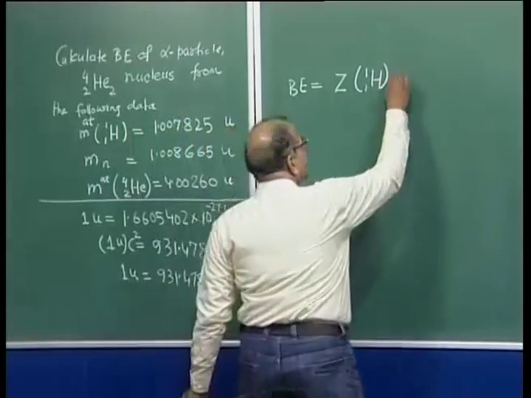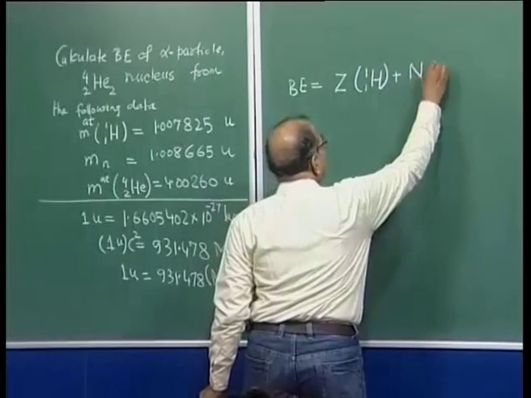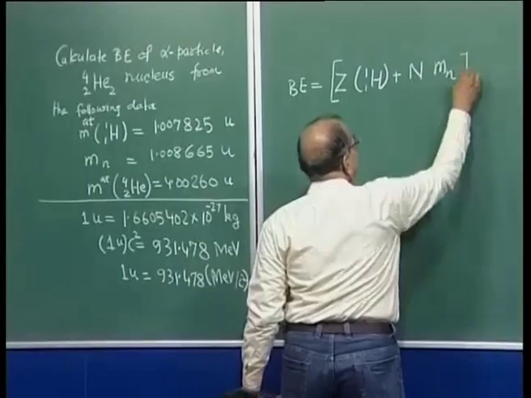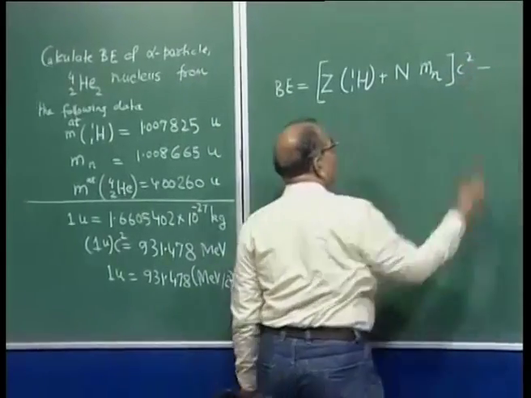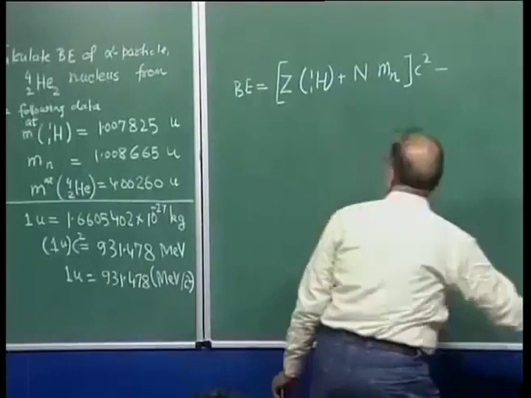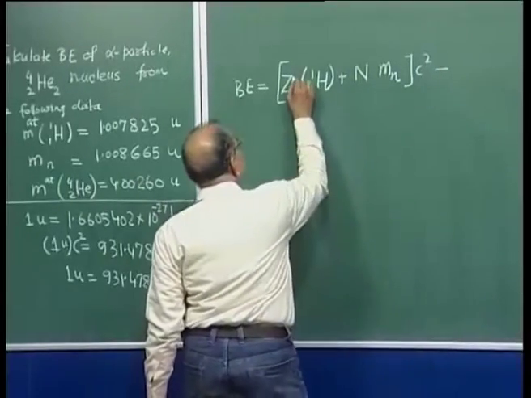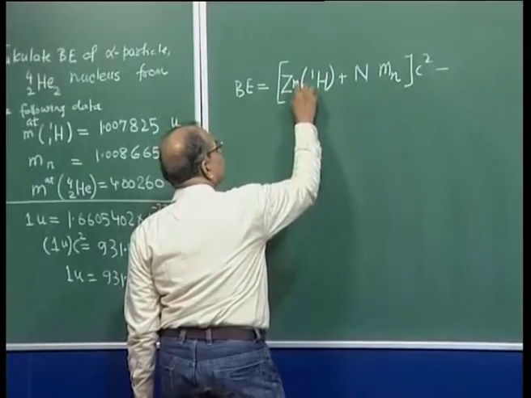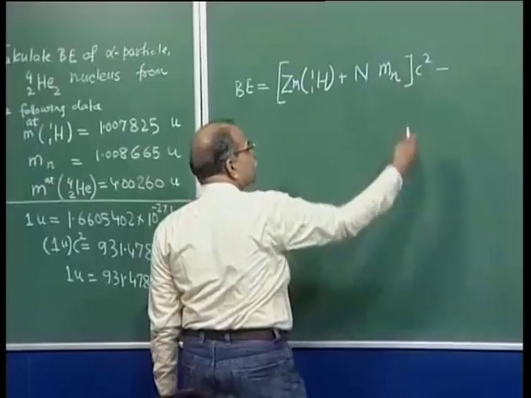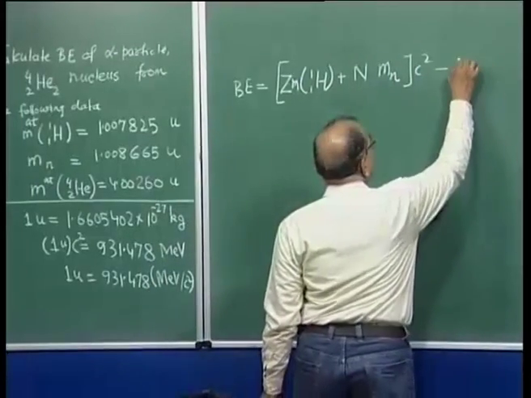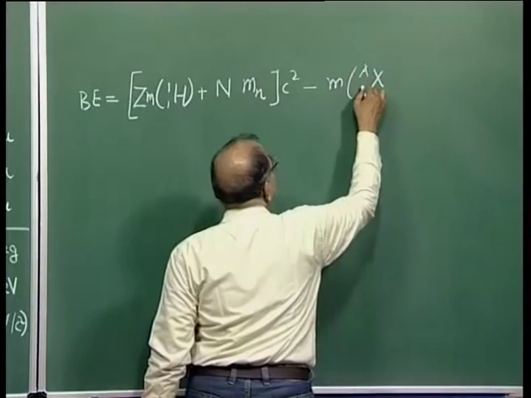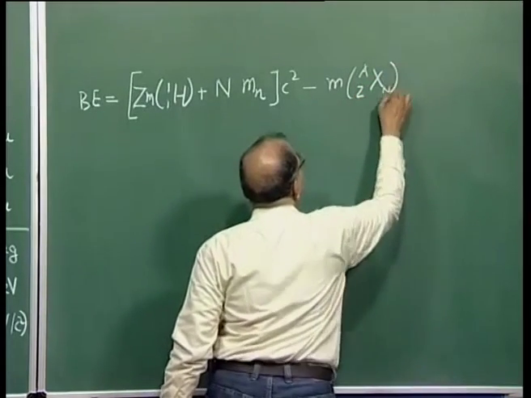So, this plus n times mass of neutron, times c square, and minus mass of the helium atom. Here Z into mass of hydrogen atom takes care of the proton part, this takes care of the neutron part, and minus the mass of the atom times c square.